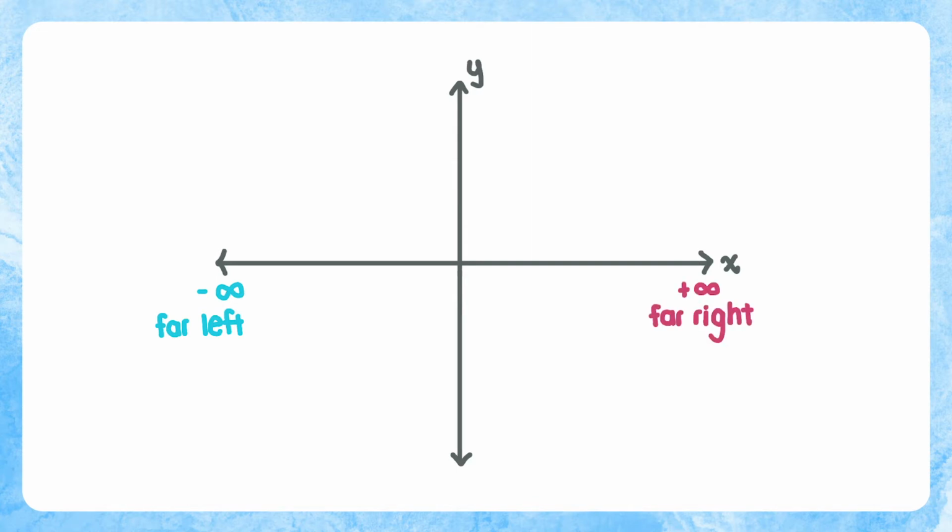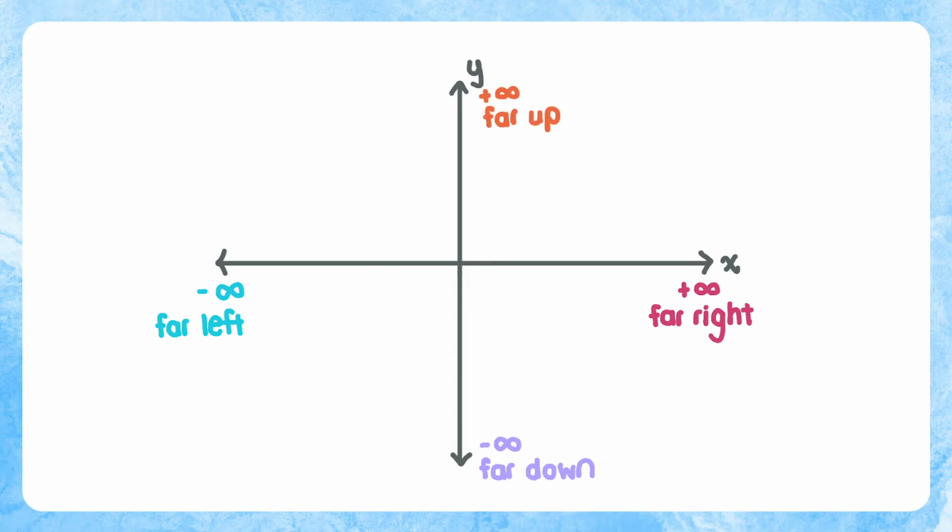And then if you move to the far right, you're approaching positive infinity. So on the x-axis, you're either moving to the far left or the far right. On the y-axis, if you keep going down, eventually you're heading towards the direction of negative infinity.